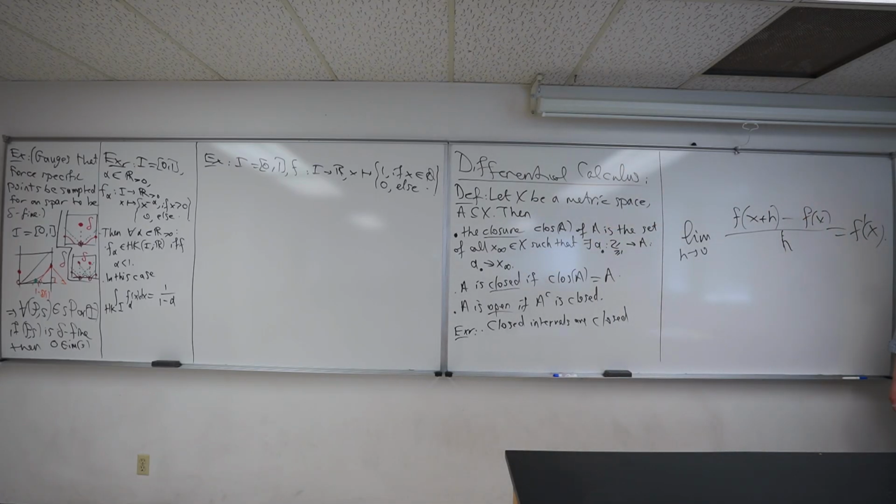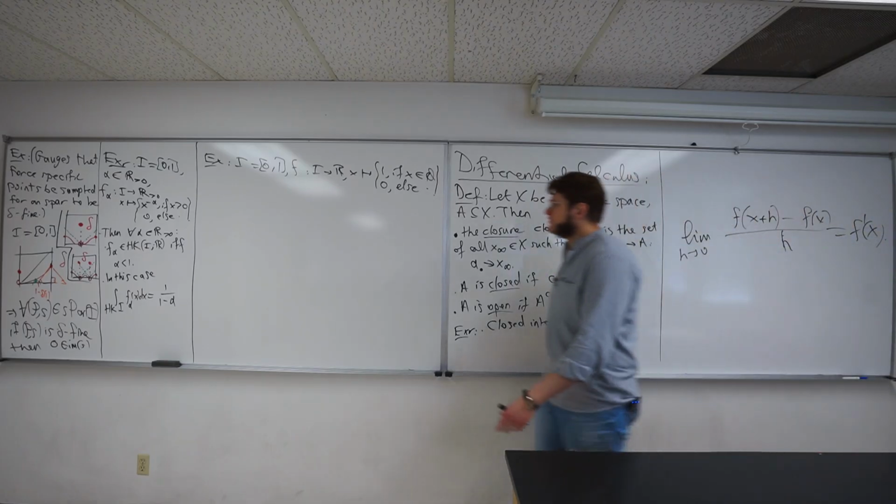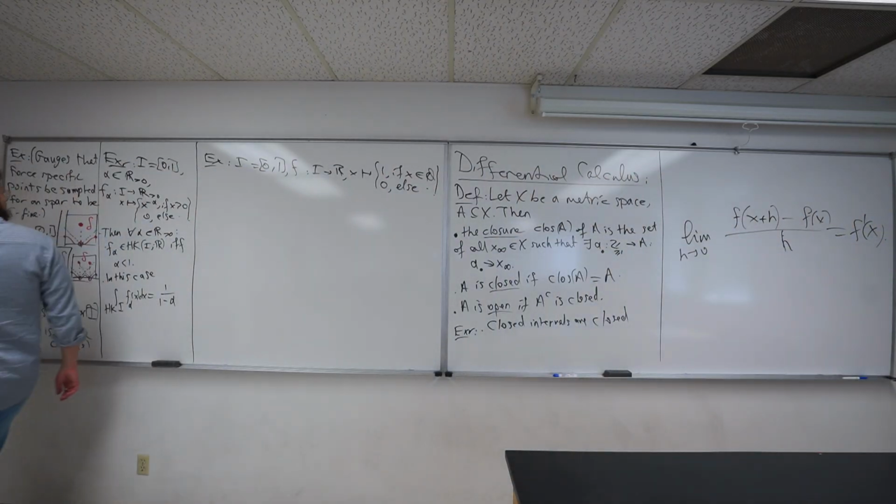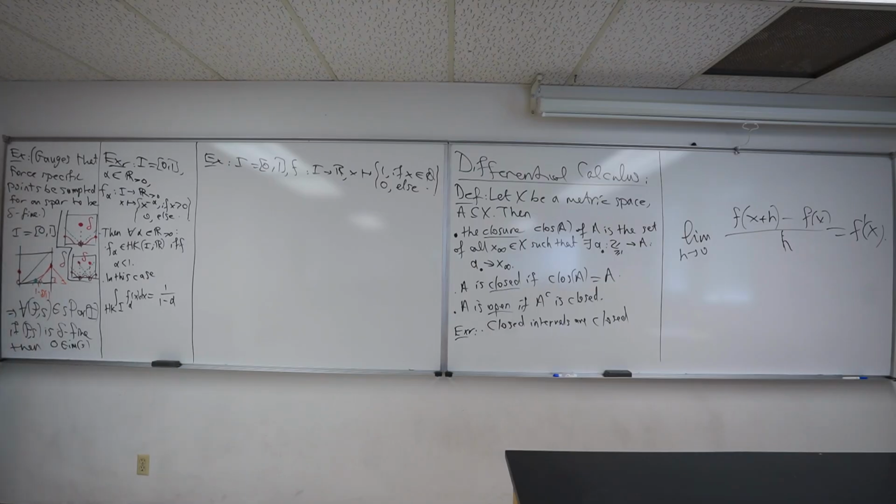Okay, so here's an exercise. 0, 1 is my closed and bounded interval. I'm going to look at a family of functions. Alpha is a positive number, and for each alpha, I have one function, f sub alpha, that takes positive values. Okay, x sent to x to the minus alpha.